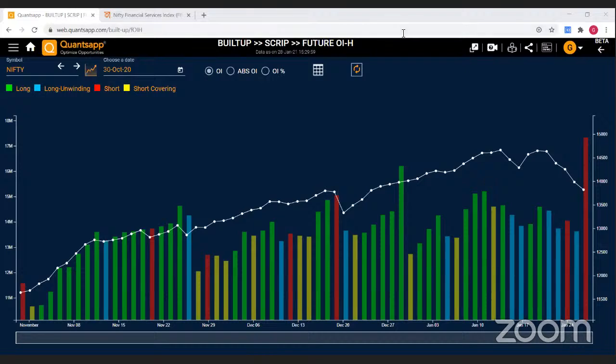Looking here, in this graph, what is it trying to show? It is telling me how much OI there is on each day, what kind of build-up it is, and what kind of price movement it had.